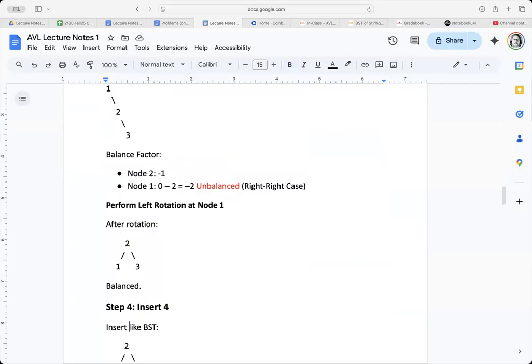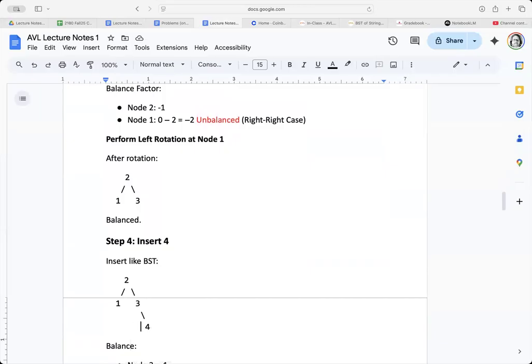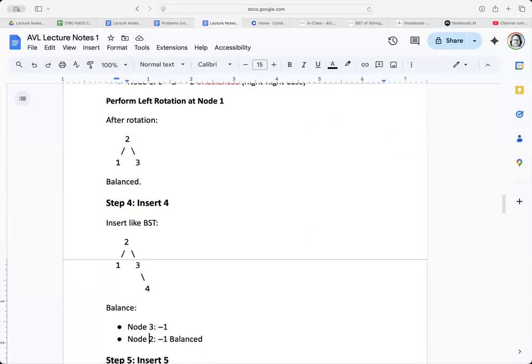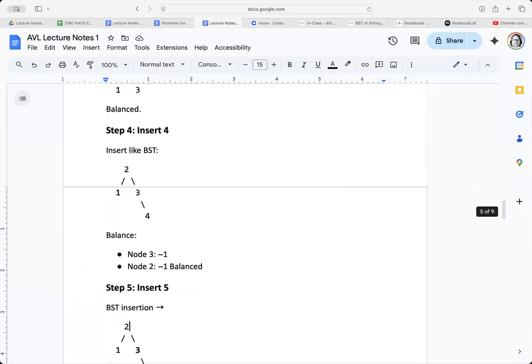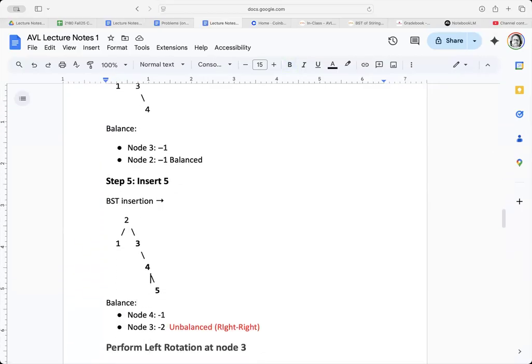Okay. Going to insert the 4. Following the normal rules of the binary search tree, the 4 goes right here. Look at the balance here. At 3, we're going to have a 0 minus 1, which is -1. That's okay. Go up to 2. We have a 1 minus 2, minus 1, balanced. Still good. Okay. When we go to insert the 5, the regular insertion is to put it here.